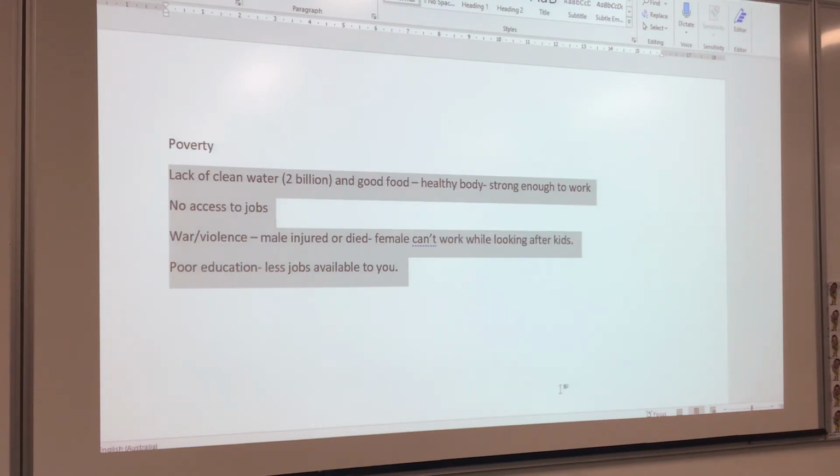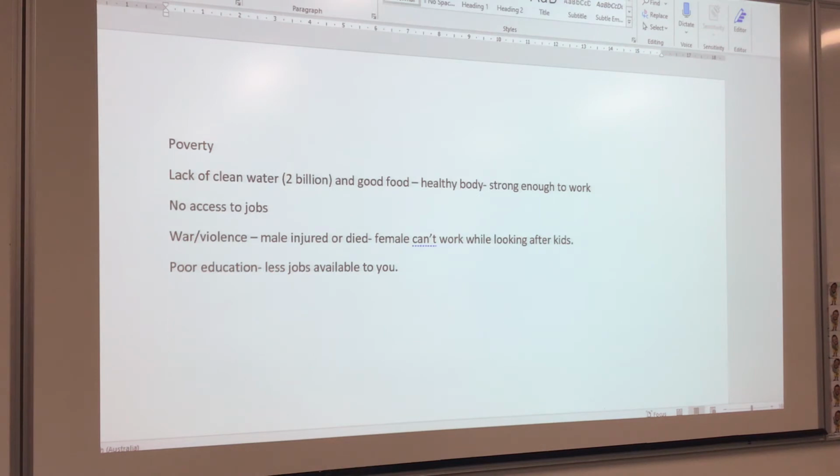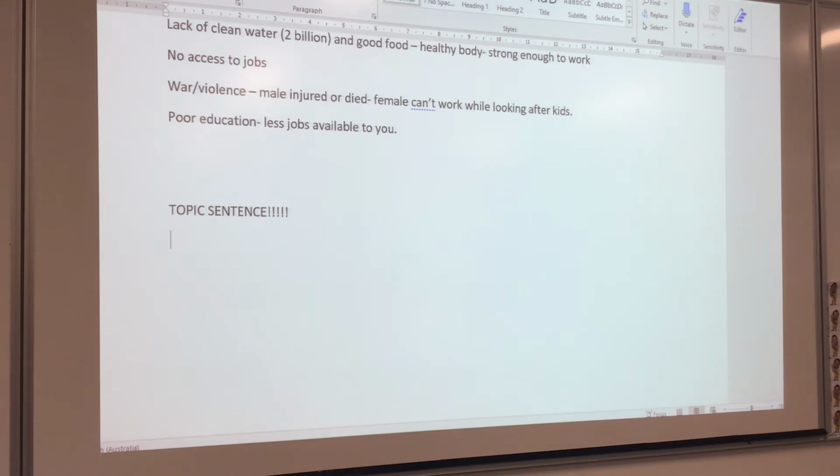Now the first thing that needs to happen in a paragraph is what? Does anyone remember from when we did any piece of writing, what's the first thing that needs to go in a paragraph to start a paragraph? Emily? Topic sentence. Well done. So you must have a topic sentence. Topic sentences are really important. So for me, my topic sentence might be something like, there are lots of challenges with this issue.